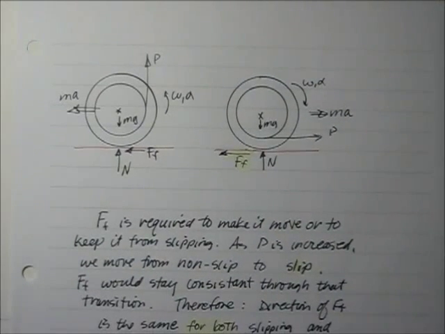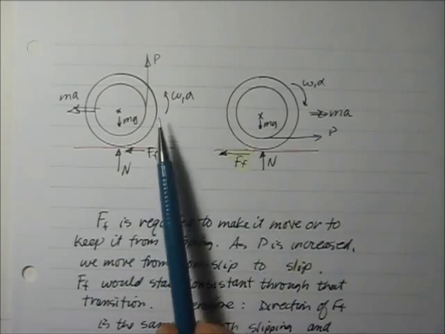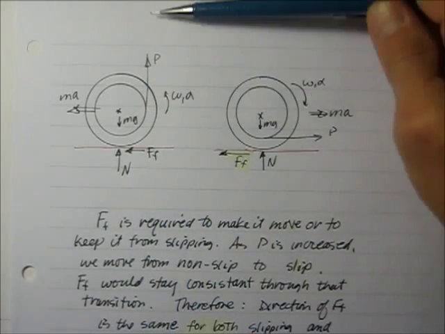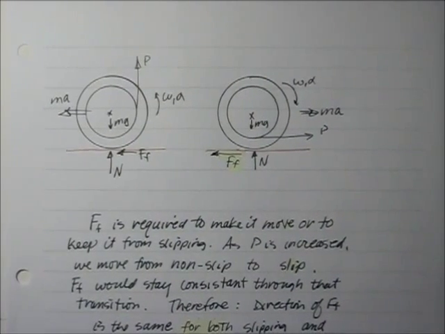All right. Now, does the force of friction direction change as it moves from not slip to slip? For example, let's say that we're pulling up here and we're in a not slip condition, but you can probably guess that if I pull hard enough, it would slip. Then which direction is the force of friction going there?